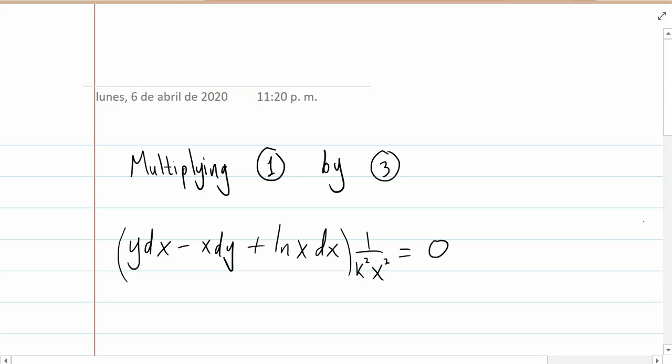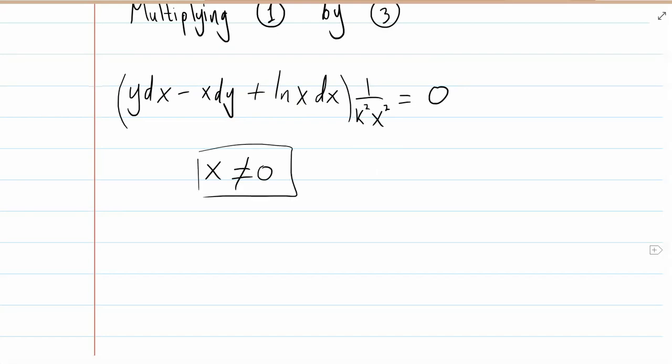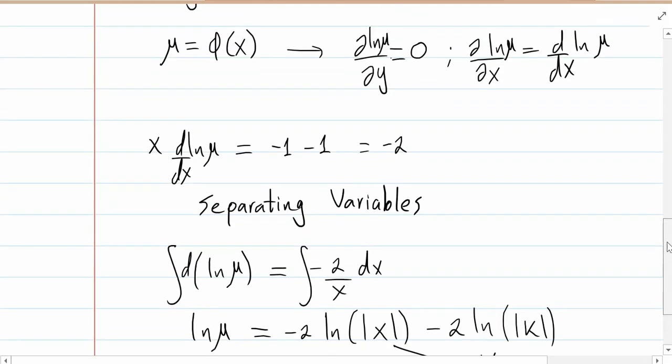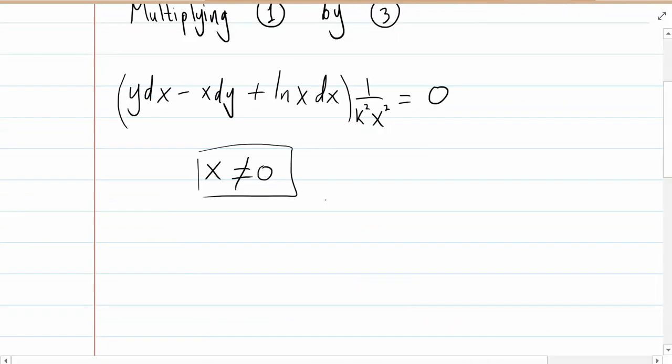And this is equal to 0. Obviously, this is only possible for x different from 0. But we already knew that from the fact that we had a natural log of x here. So this implies automatically that x is different from 0, and so does the fact that I divided by x. So very good.